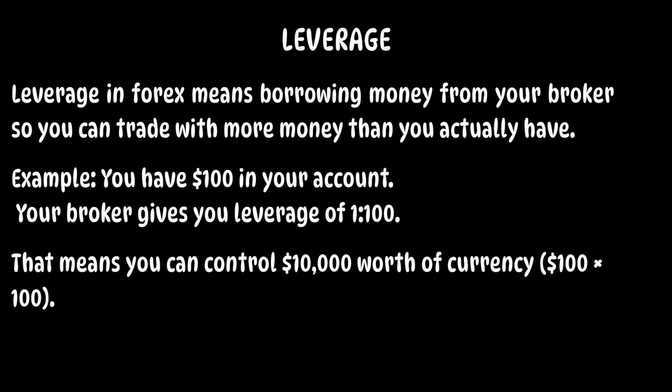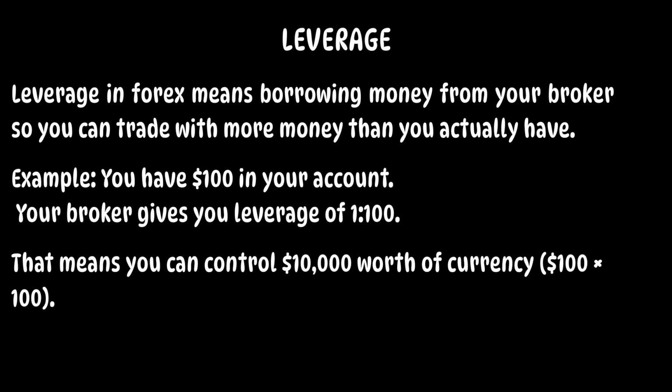So guys, leverage trading in Forex means borrowing money from your broker so you can trade with more money than you actually have. Let's take an example. Because not all of us have much money, the example will be $100. Let's say we use $100.